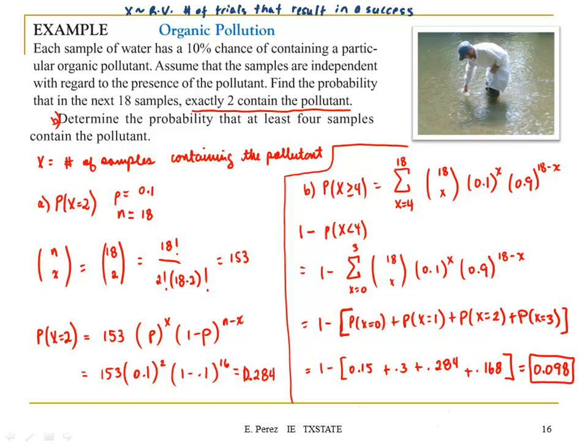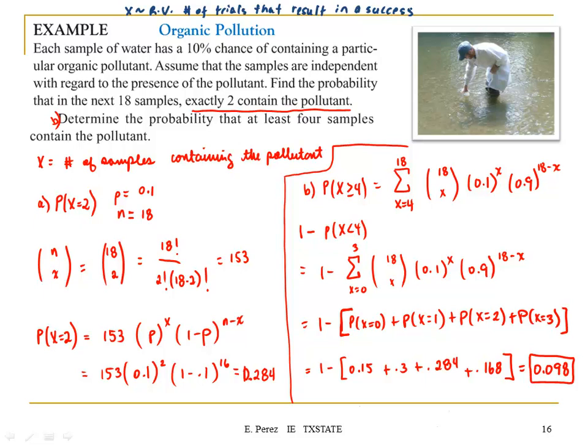So every time that you see such a random variable, for example here we have find the probability that in the next 18 samples exactly 2 contain the pollutant, this type of random variable relates to the one that I just wrote at the top of the slide. It is the number of trials that result in a success. So for this problem, part A, we're looking at exactly 2.